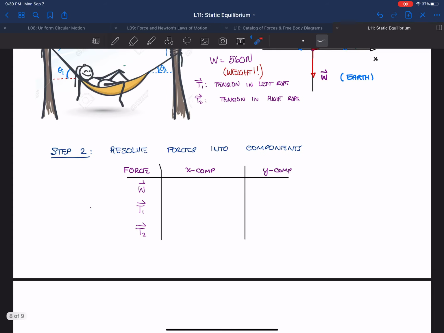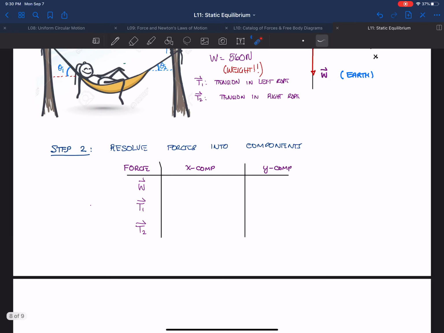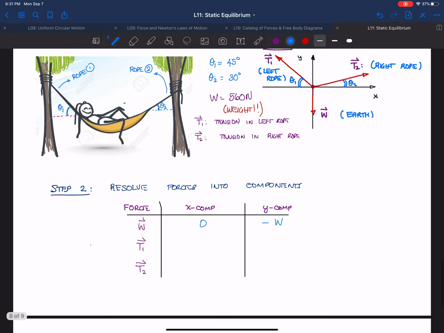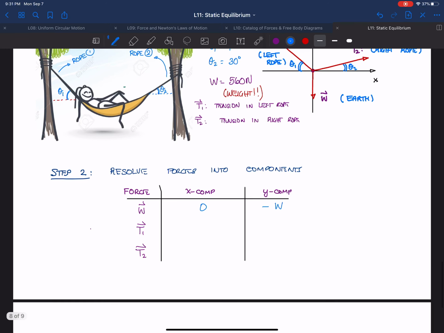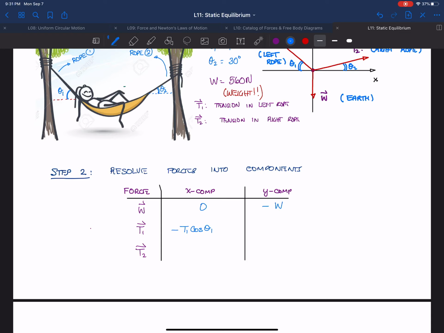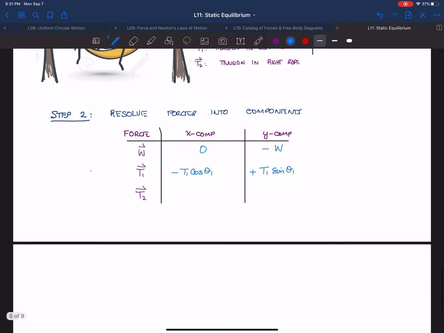Well, let's see. The weight is in the negative y direction, so the x component is obviously 0. And since the weight is being given directly to us, I'm just going to write negative W out there, negative sign because of the direction. The tension T1, the x component is going to be based on the angle that's given. It's going to be T1 cosine theta 1 with a negative sign. And the y component is going to be T1 sine theta 1, and that's going to be positive.